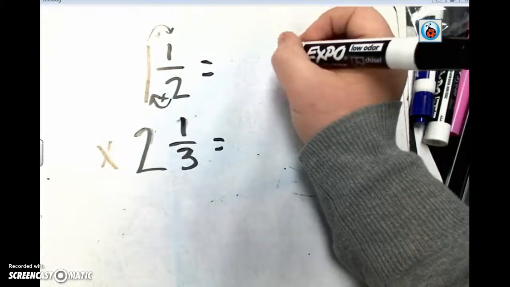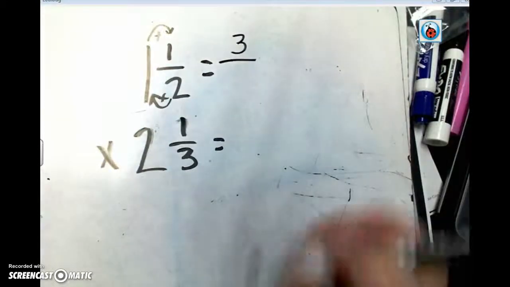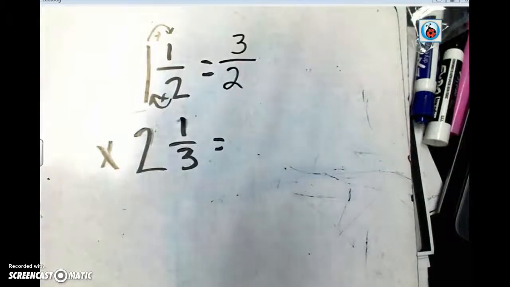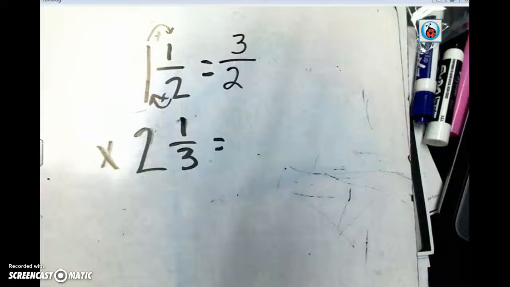Is that my numerator or my denominator? Okay, what's my denominator? Perfect. Gabe, walk me through this one. How do I convert this mixed number to an improper fraction? You got this. Think about what we did up here.